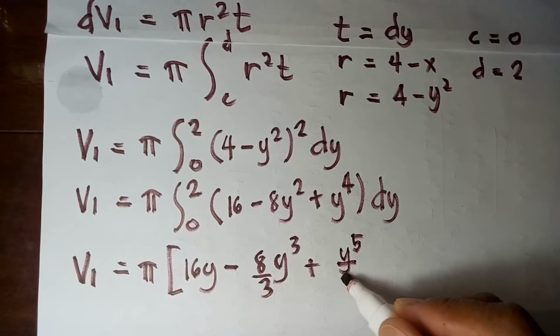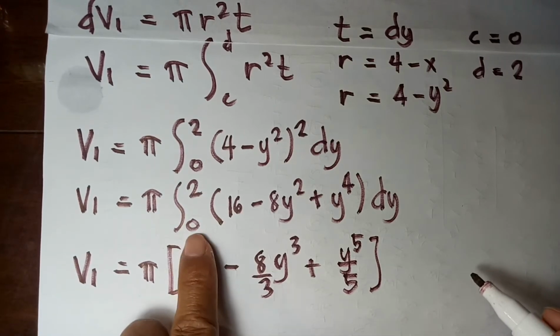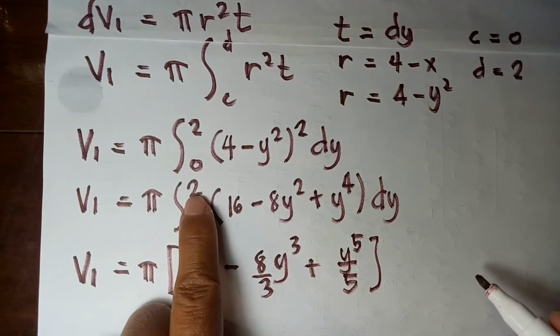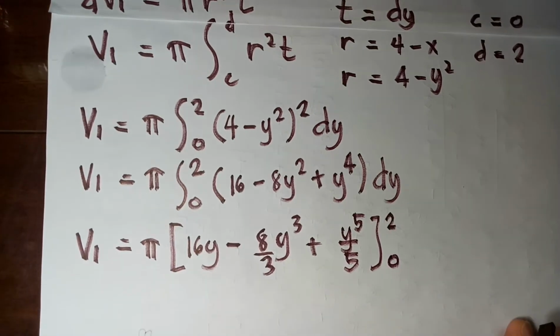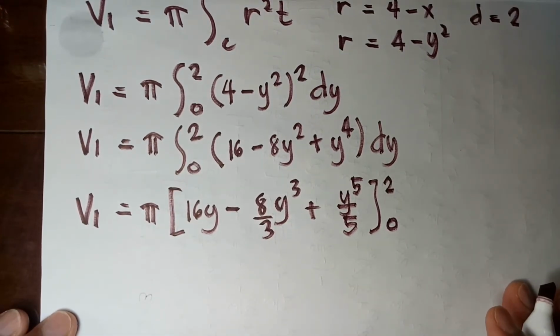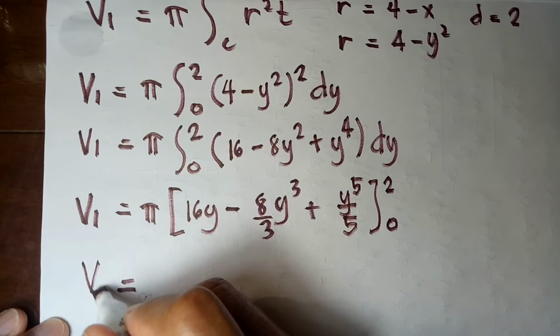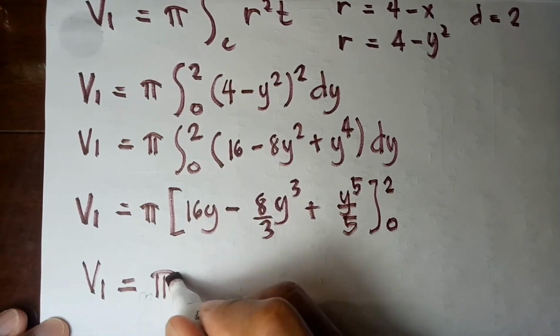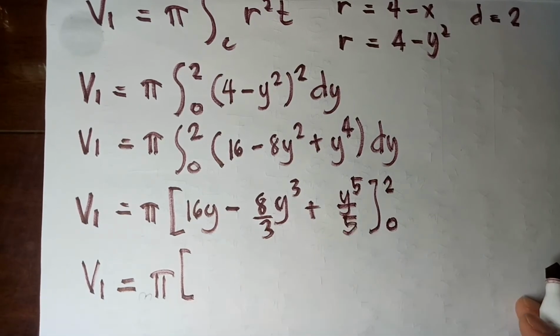And then over 5. No? And then to be evaluated from 0 to 2. Tapos, let us evaluate this when y is 2. No. So, I will have volume 1 equals pi. No? So, lahat ng y, papalitan natin ng 2.